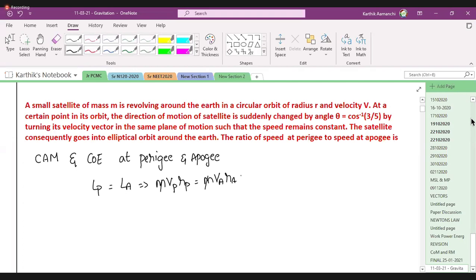Even when it suddenly changes, this should also be equal to m v r cos theta. Cos theta is 3 by 4. So v r is equal to v2 r2, velocity into radius into velocity. Right.